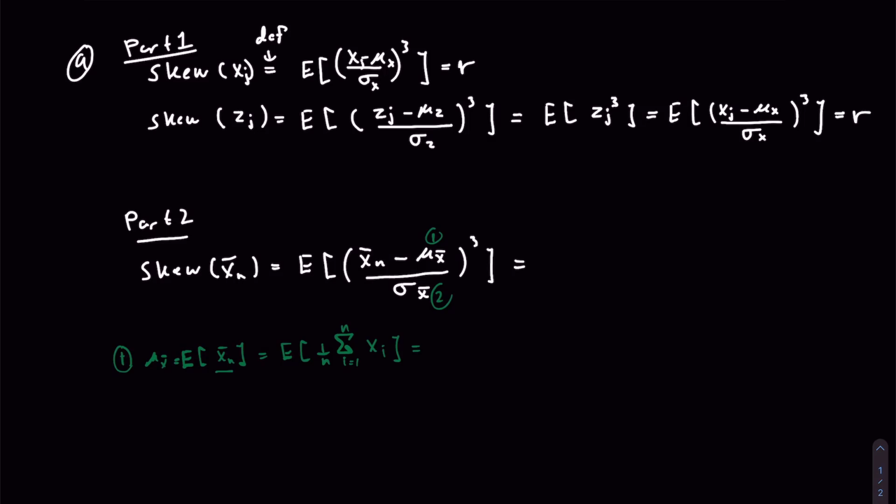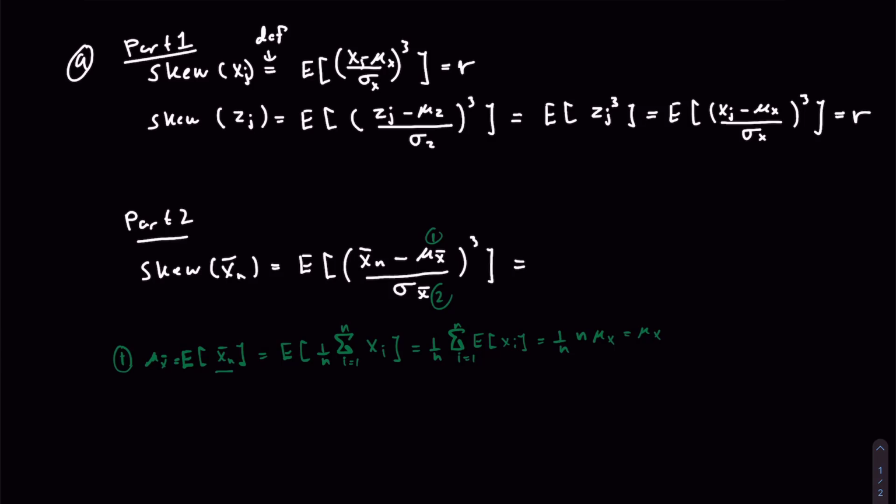And by linearity we can take out the 1/n, and inside we have now a sum of i=1 to n of xi, and this inner term, we know that they are mu, and we have n of them, so we end up then having 1/n times n mu of x, and that is just mu x.